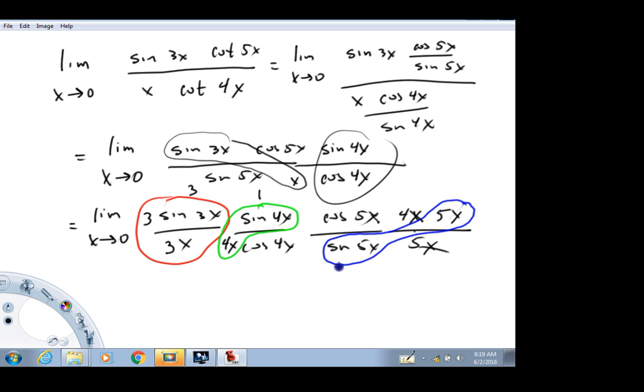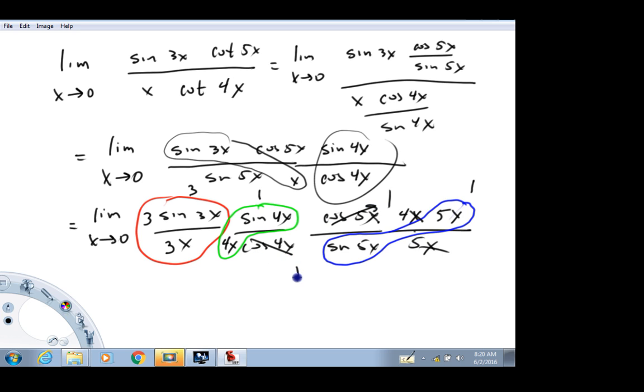In blue, we have another limit of 1, 5x over sine of 5x as x goes to 0. Don't forget there's a 4/5 right here. And then cosine of 5x as x goes to 0 is going to 1. Cosine of 4x also going to 1.